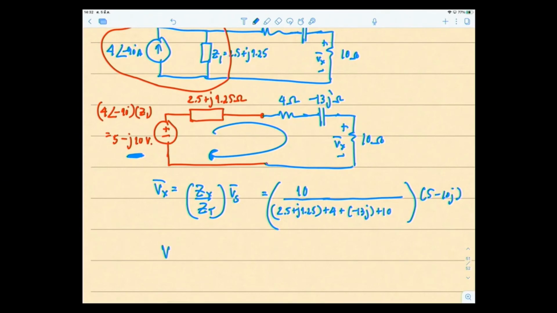Use your calculator, please. Your answer should turn out to be 5.519 angle minus 28 degrees volt. Whatever form you want to answer is fine with me, but it's in phasor form. So this is an example of how you work with source transformation.